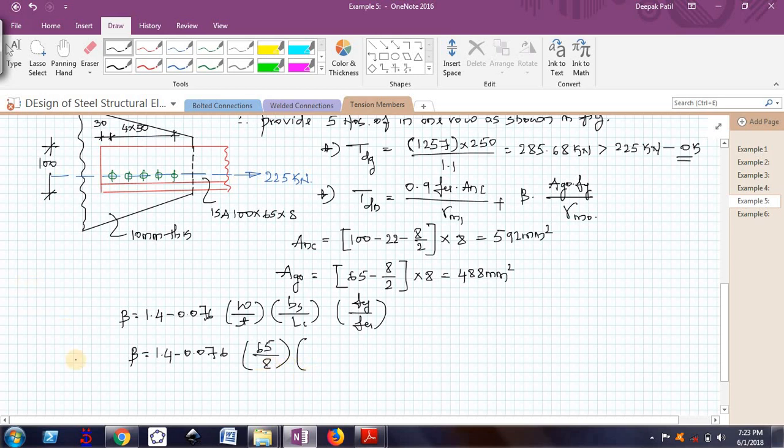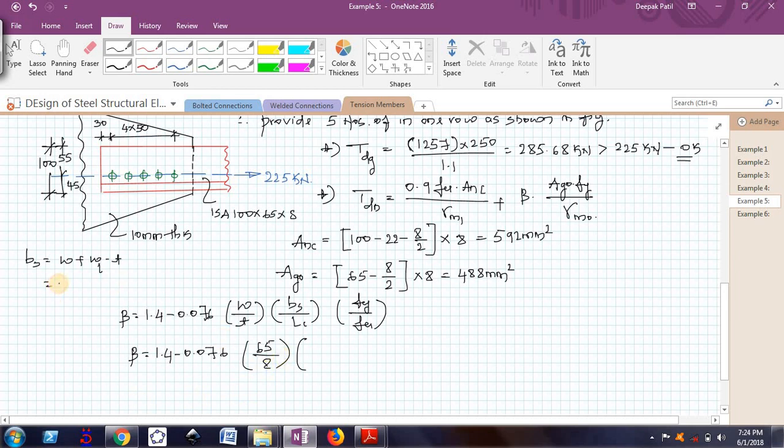then bs, so I should calculate the value of bs. So bs is w plus w1 minus t. So this is actually w1. So w1, this side it is 45, so this side it will be 55. You can see from the steel table, you can get these values.